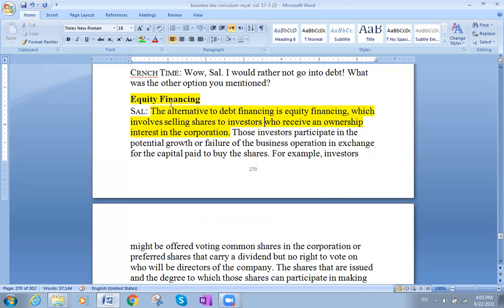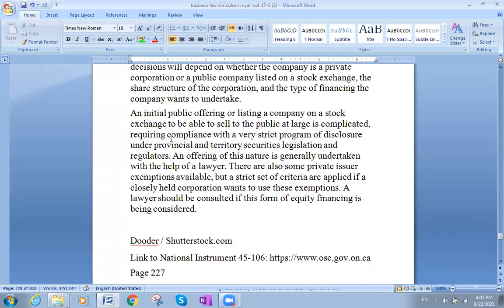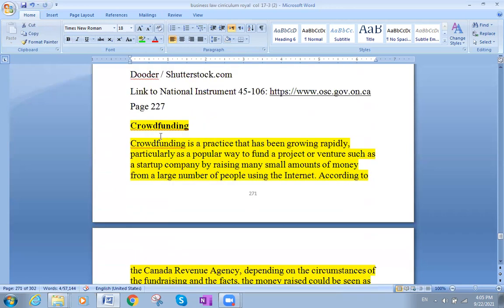So equity financing is another alternative to debt financing, which involves selling shares to investors, who receive an ownership interest in the corporation. This is the other way.